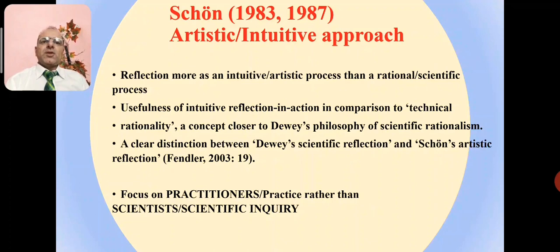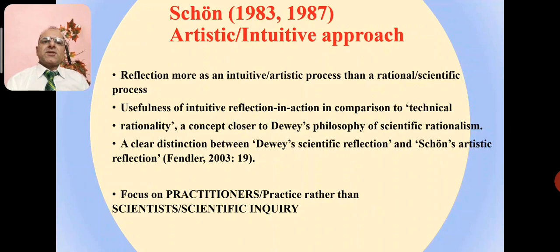According to him, reflection is more an intuitive or artistic process than a rational scientific process. The usefulness of intuitive reflection in action, in comparison to technical rationality, is something that Schön has come up with. The technical rationality concept of reflection is closer to Dewey's philosophy of scientific rationalism.